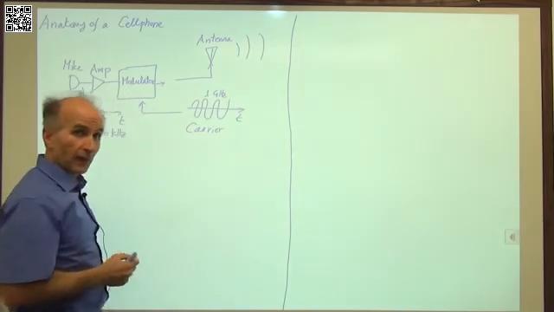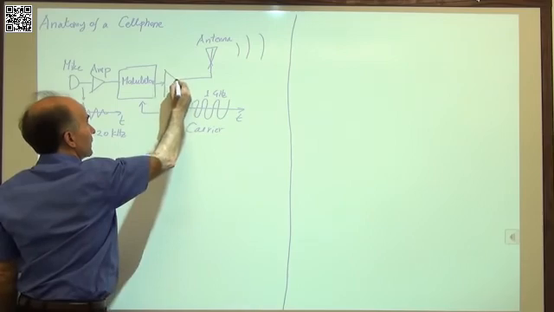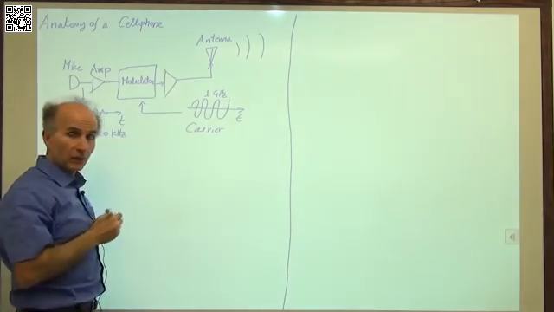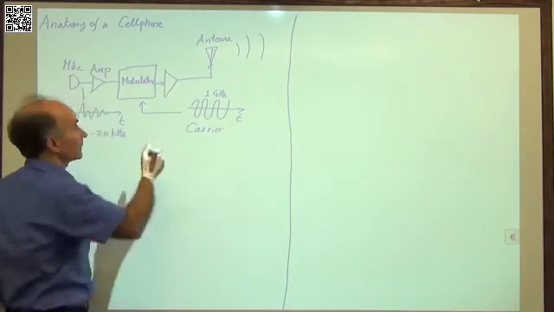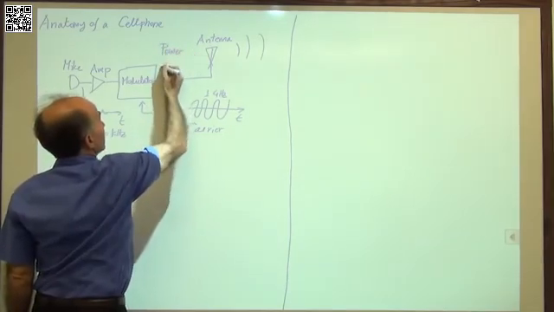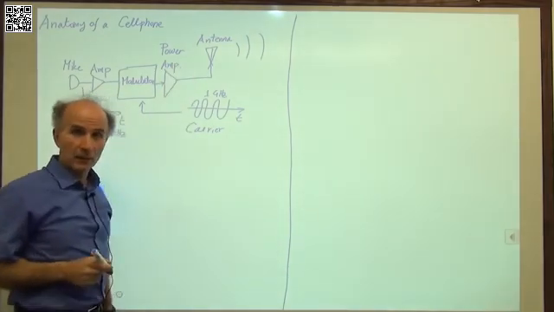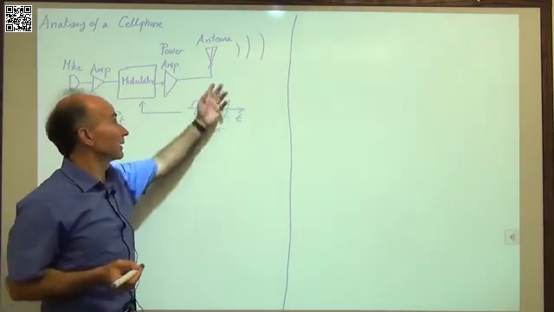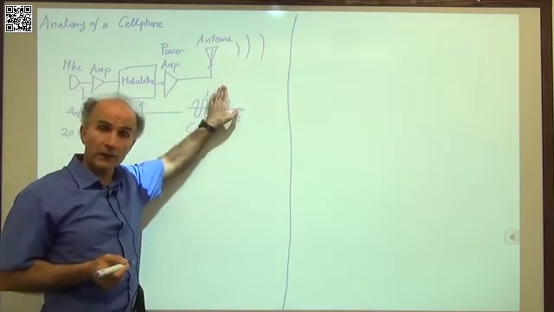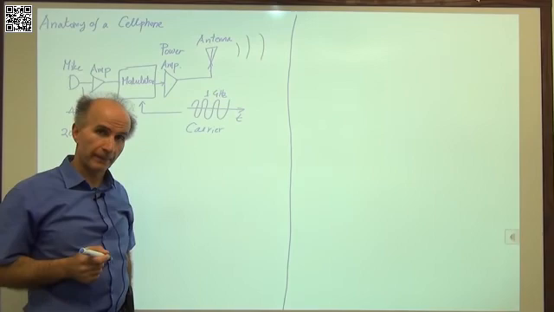And for that, we need another amplifier placed between the modulator and the antenna, and this is called a power amplifier. So here we have a power amplifier, a PA. A cell phone might transmit 500 milliwatts, even a watt at this point, so that goes a long range.